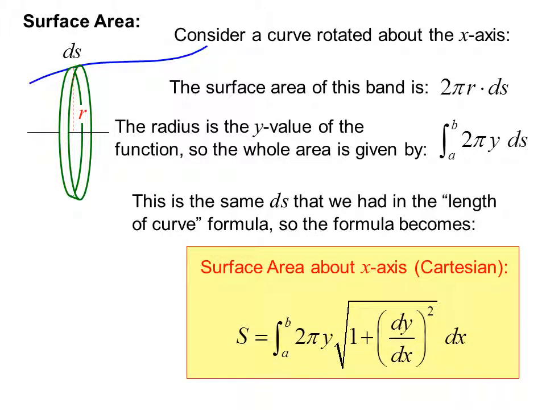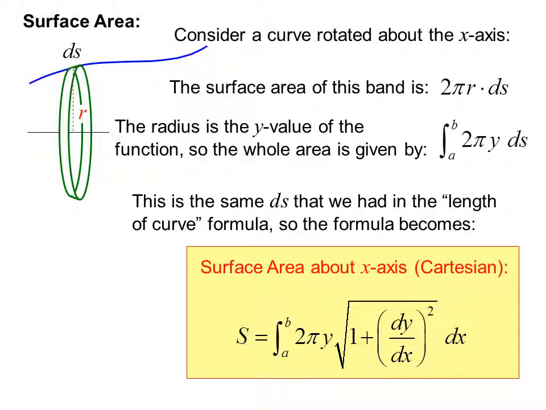This is the same ds we had in the length of curve formula, so the formula becomes surface area about the x-axis, Cartesian: s equals the integral from a to b of 2 pi y times radical 1 plus dy dx squared dx.